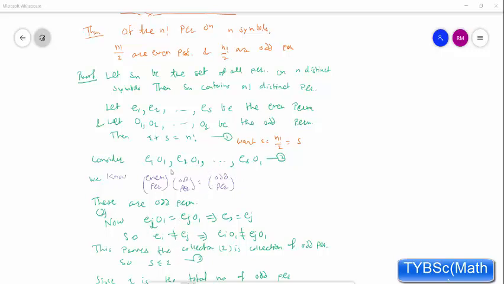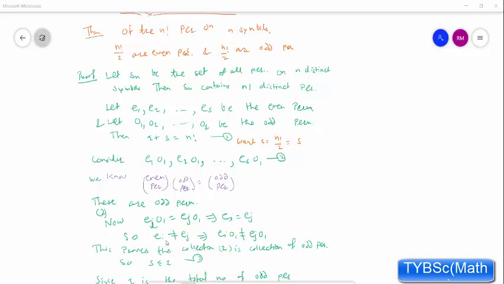Moreover, these are distinct. Why are they distinct? Suppose both are equal, EI O1 equal to EJ O1, then we come to the conclusion EI equals EJ.